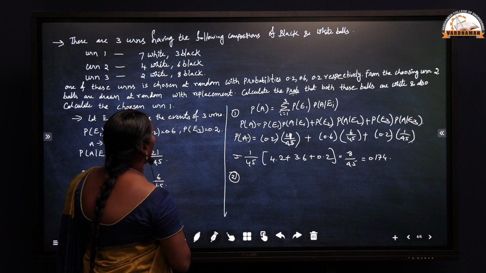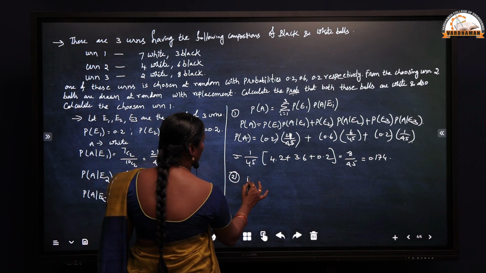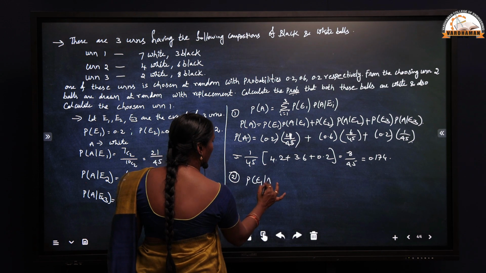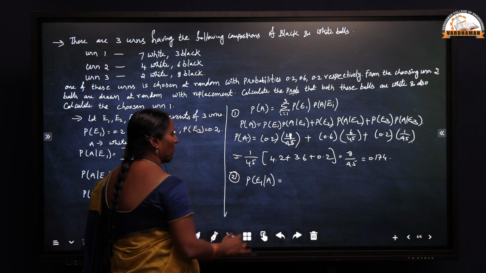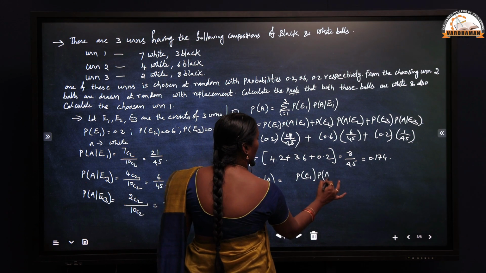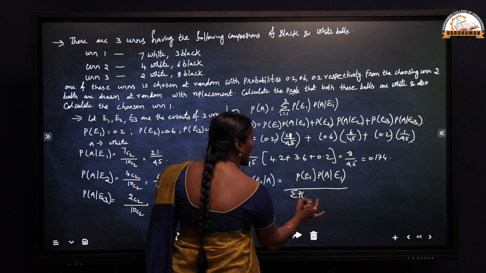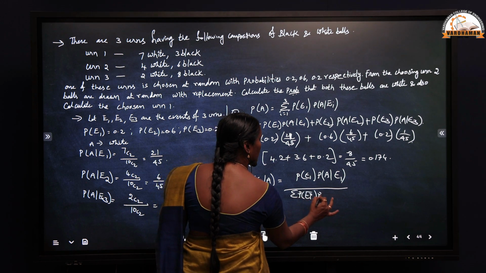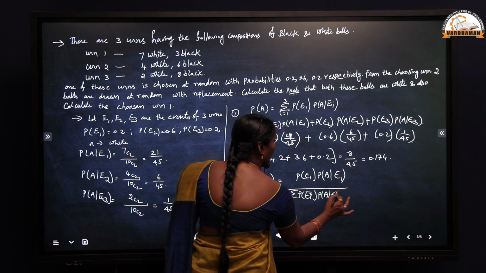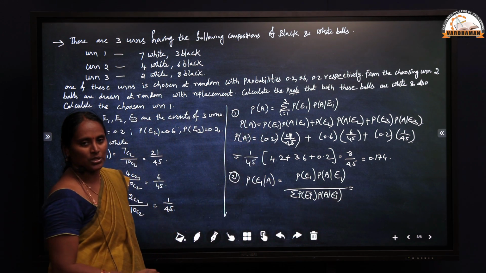The second problem is to calculate the chosen urn 1. What is that? P of E1 given A. P of E1 given A is P of E1 into P of A given E1 divided by the summation of P of EI into P of A given EI. This denominator you already found in the first solution, right?